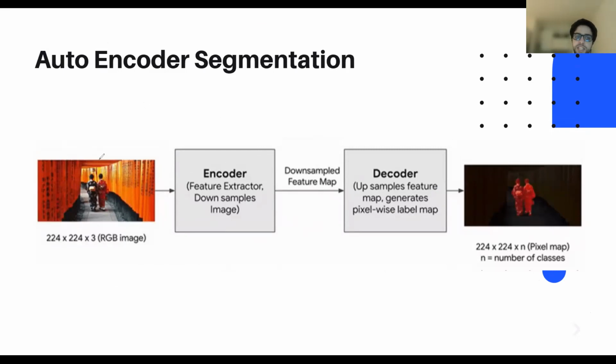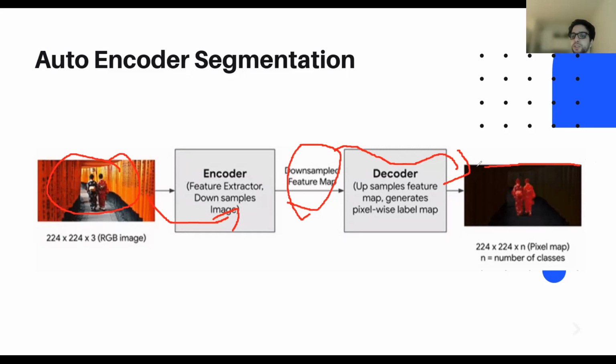You simply take an image like this, you encode it into some downsampled feature map or a latent space, and then from this latent space, you decode. You're not going to decode the original image. You're going to decode the mask that corresponds to this image.